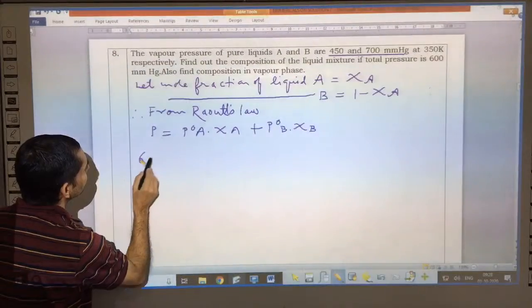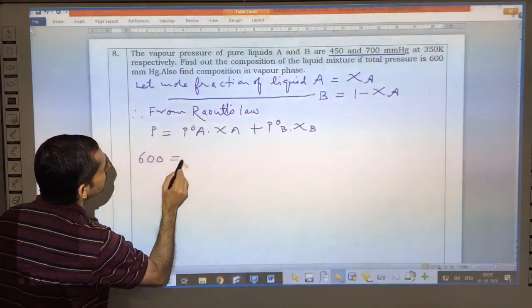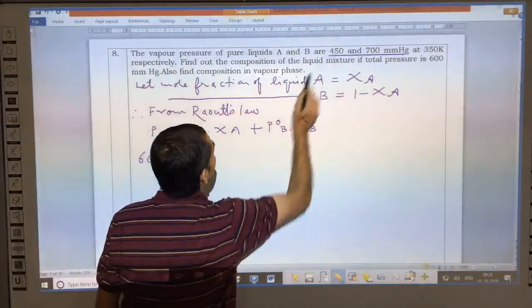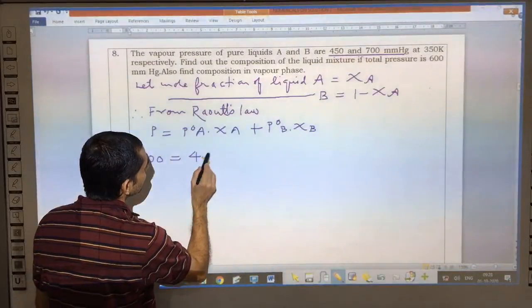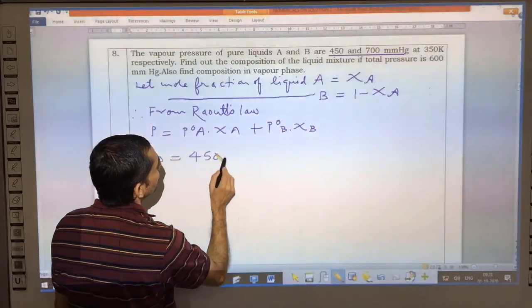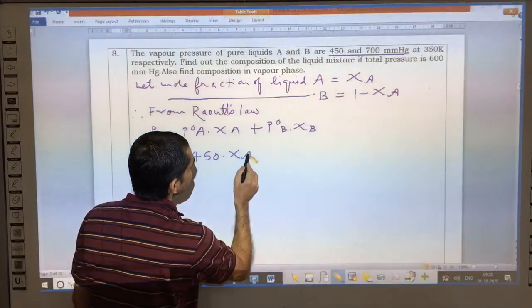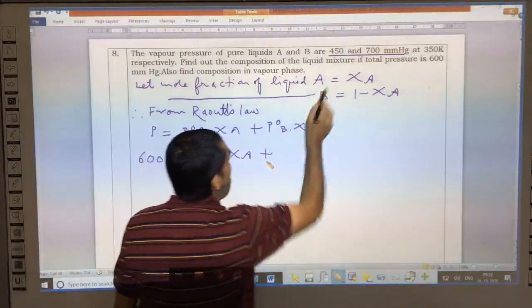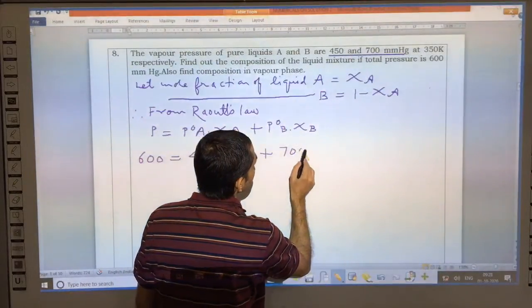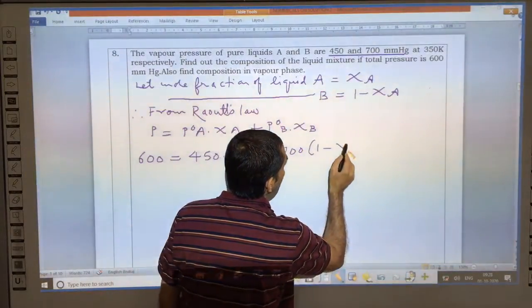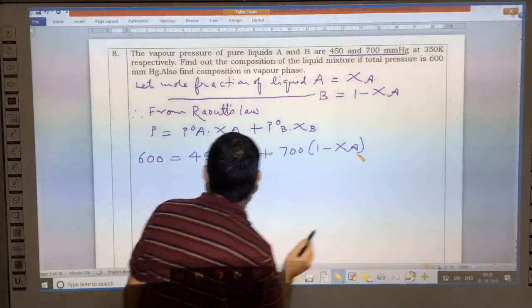So 600 is equal to P naught A, it is given 450, multiplied by mole fraction XA, plus P naught B 700, and what is the mole fraction XB? 1 minus XA. Solve it.